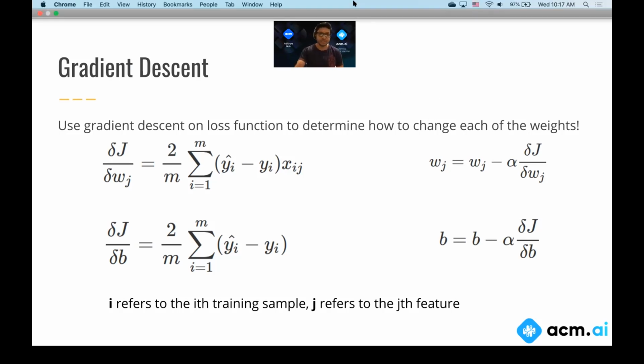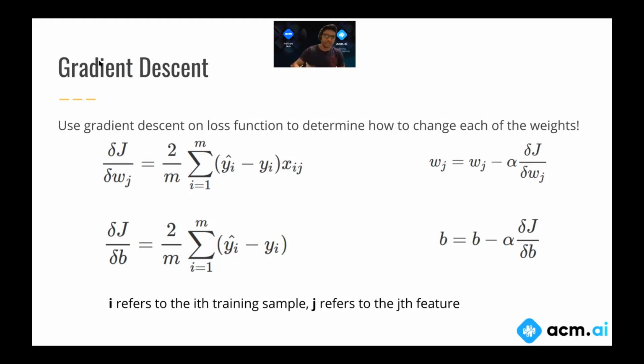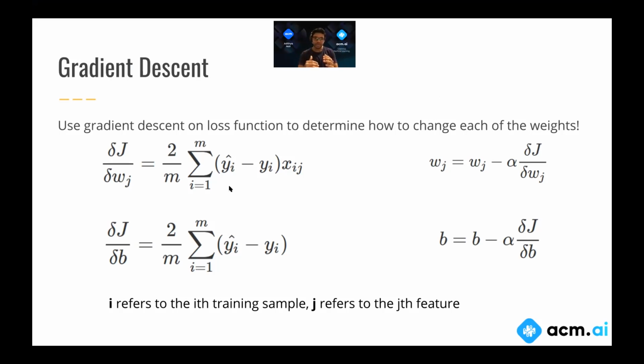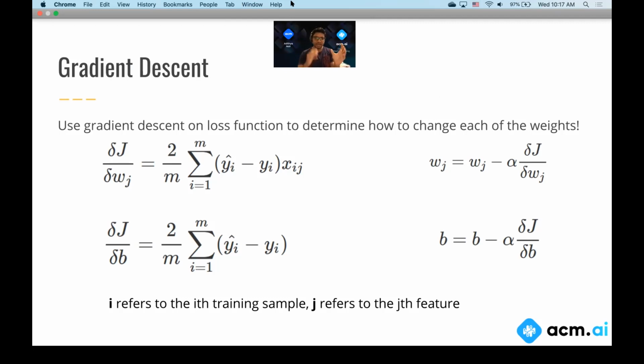So if you look here, when we sum from i to M, what we're saying is take every single training example, get the prediction, which is y sub i hat, and y sub i, which is the label for whatever set of input you want.